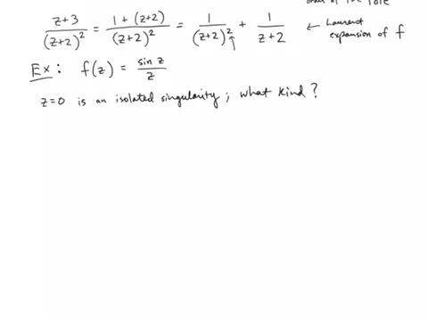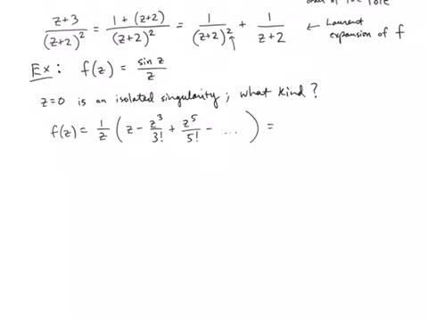Well, one thing you can do is, since we're looking at z equals 0, we know the power series expansion for sine of z around z equals 0. So I can write this as 1 over z times, well, sine of z is z minus z cubed over 3 factorial plus z to the 5th over 5 factorial minus dot dot dot.